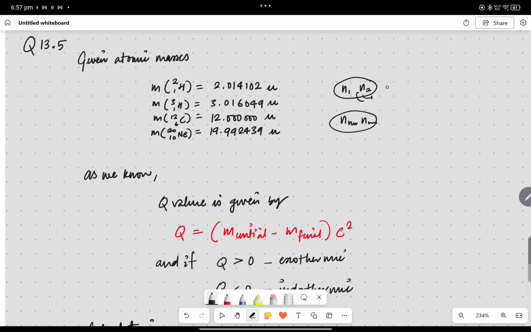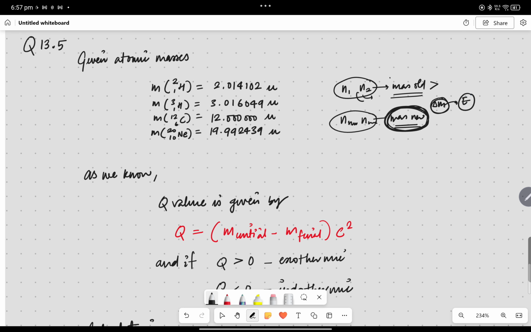So if the mass of the old nuclei is more than the mass of the new nucleus, that means the more mass delta M is converted into energy while forming this nucleus, right?